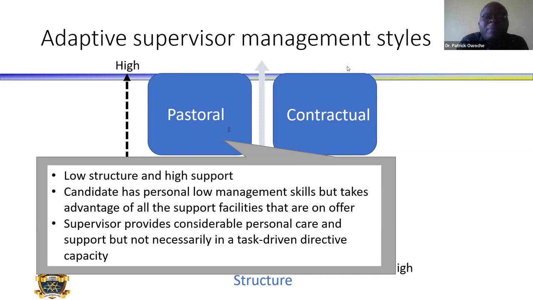The candidate has low personal management skills, but takes advantage of all the support facilities that are on offer. The supervisor provides considerable personal care and support, but not necessarily in a task-driven directive capacity. Now, this happens when the student is still trying to establish an area of research. He doesn't know a lot, but then the supervisor gives direction and exposure to the student, though not well structured.